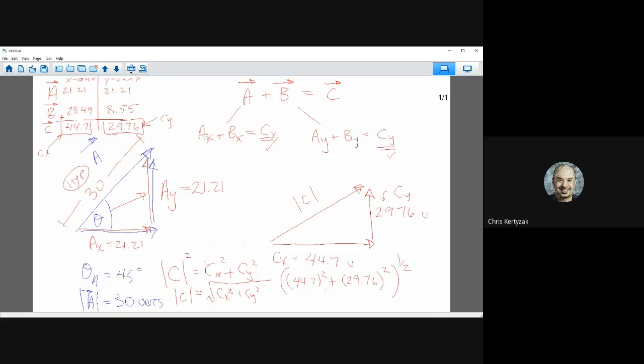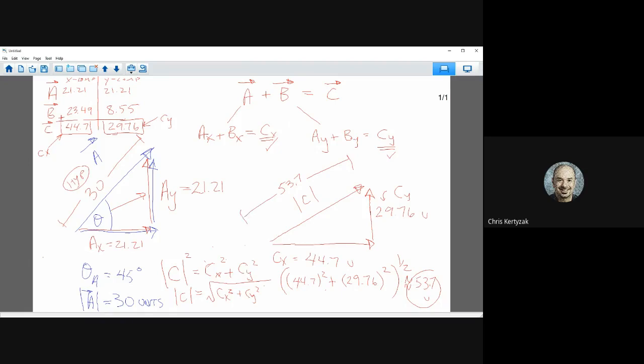All right, I got 53.7, roughly speaking. 53.7 units long. So if someone asks me, what is the magnitude of the resultant, which I happen to have called vector C here, I now know that it's pretty close to 53.7 units long from here to here.